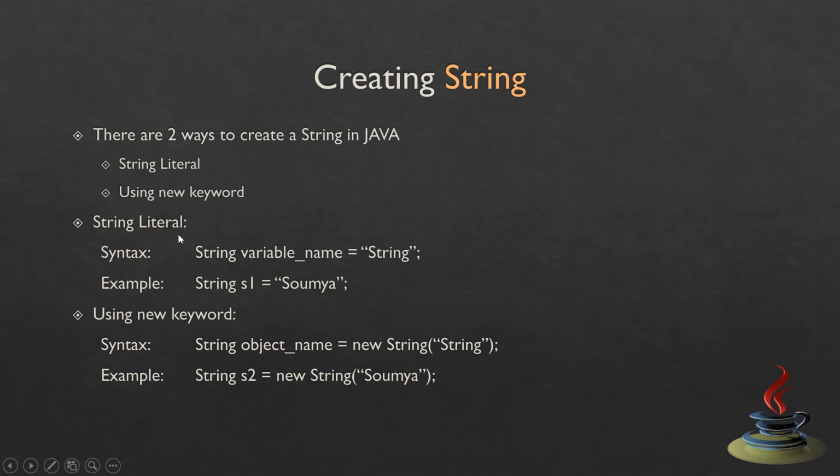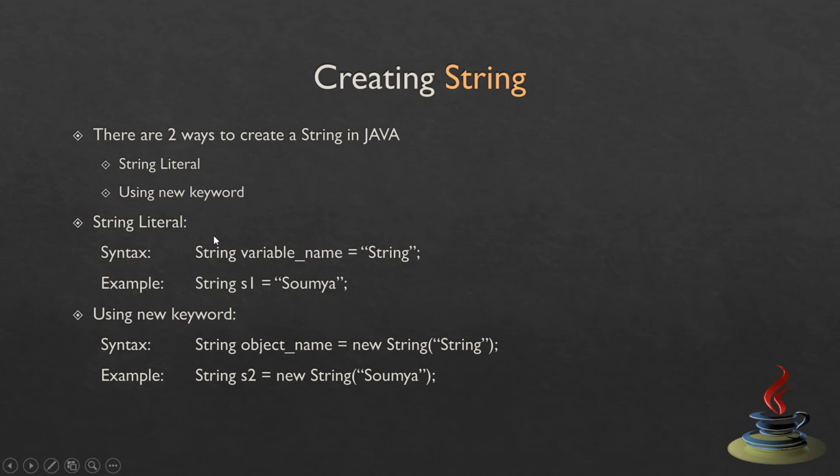For a string literal, you only have to declare the object name, or you can say the variable name, with the String class, then your variable name equals, and within double quotation marks you write your string, like we did earlier in my program, like good morning or anything else. Here String s1, s1 is my string variable which will store the value Somya.